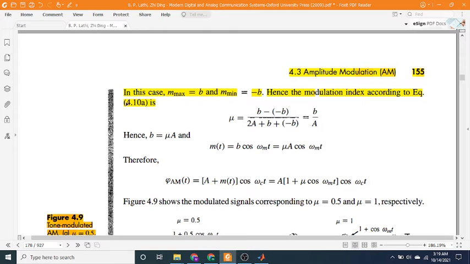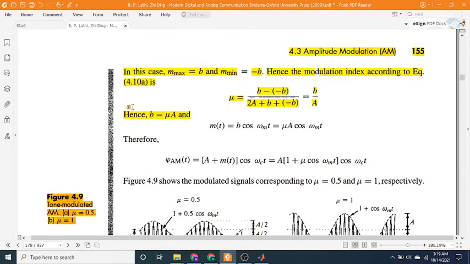Hence the modulation index according to Eq. 4.10a is μ = b/A. Therefore, b = μA, and m(t) = b cos ω_m t = μA cos ω_m t. Then φ_AM(t) = [A + m(t)] cos ω_c t = A[1 + μ cos ω_m t] cos ω_c t.